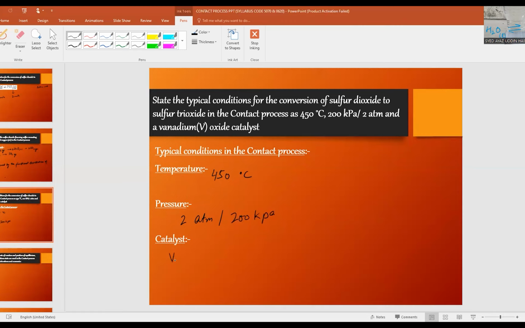Vanadium 5 oxide, V2O5, is the catalyst. The reaction is reversible and exothermic. It reaches a dynamic equilibrium state in a closed system.